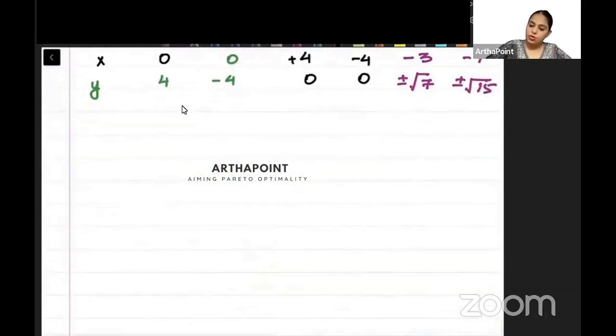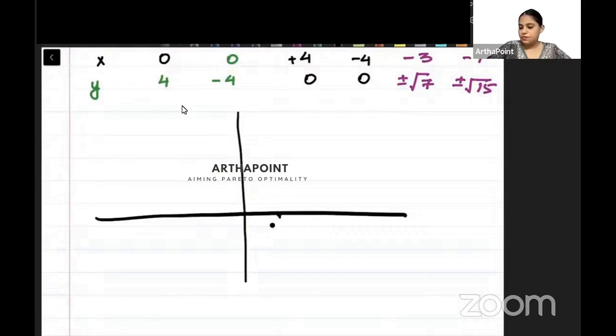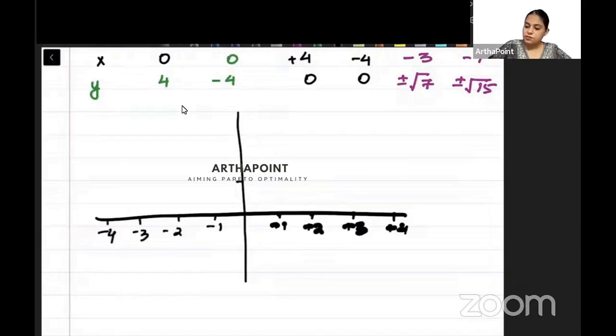ठीक है? So how can we plot this beta? 1, 2, 3, 4. -1, -2, -3, -4.